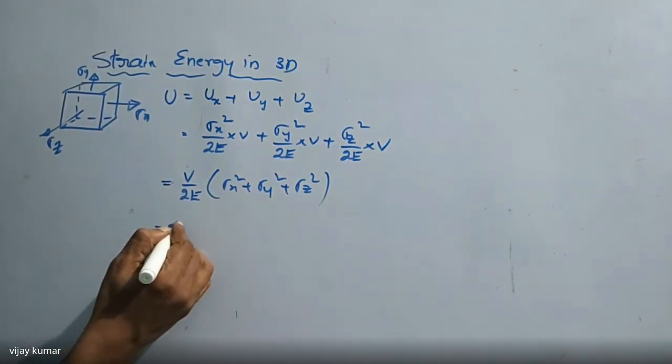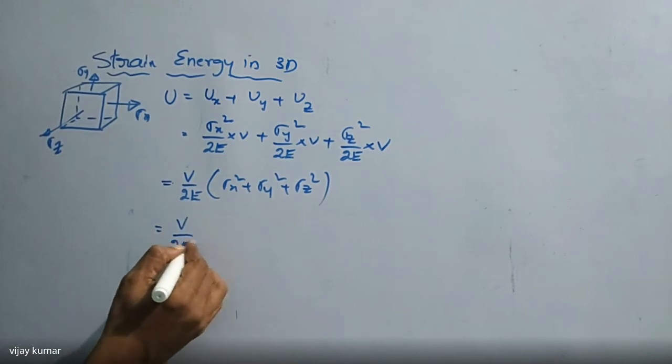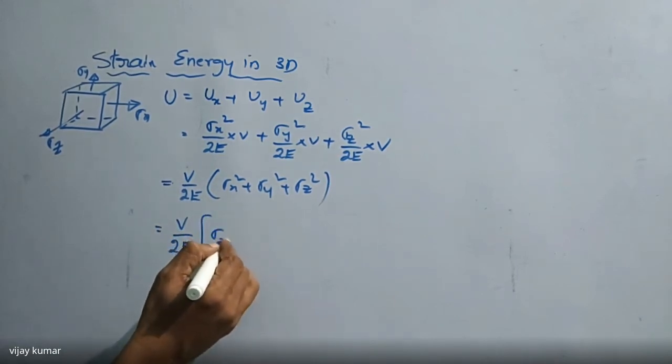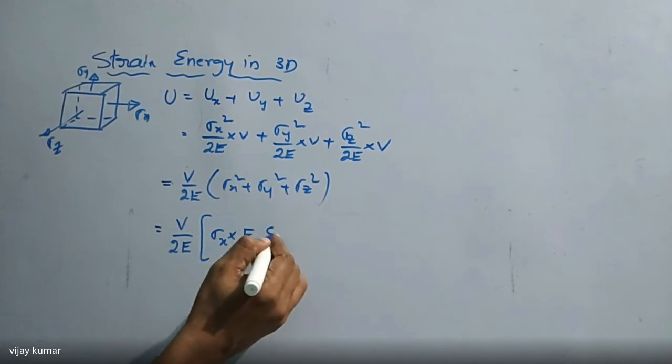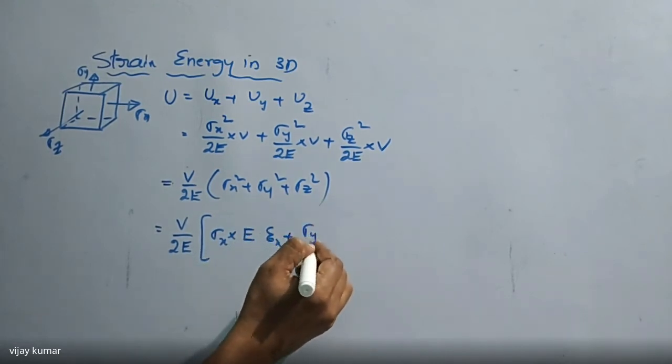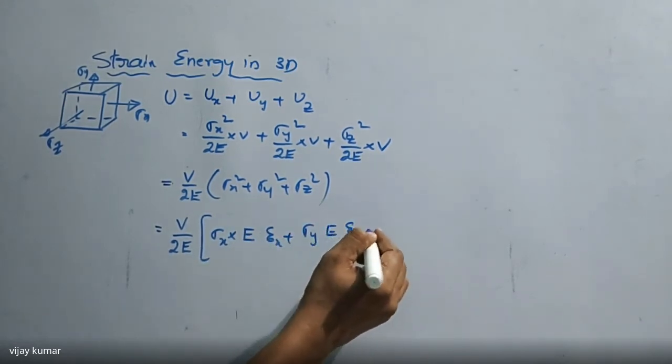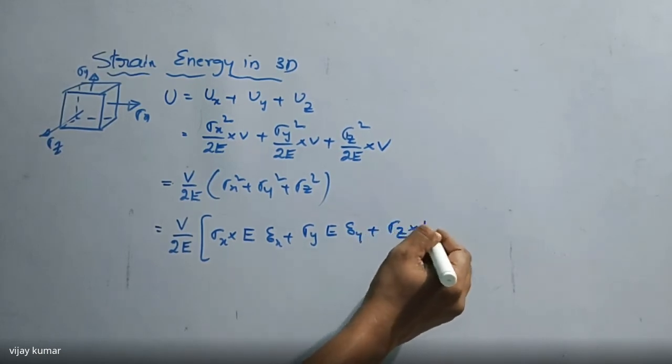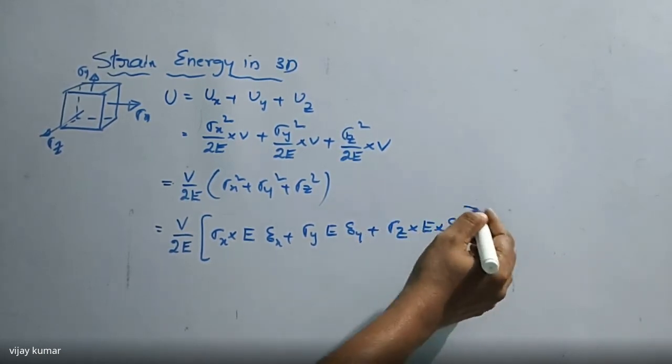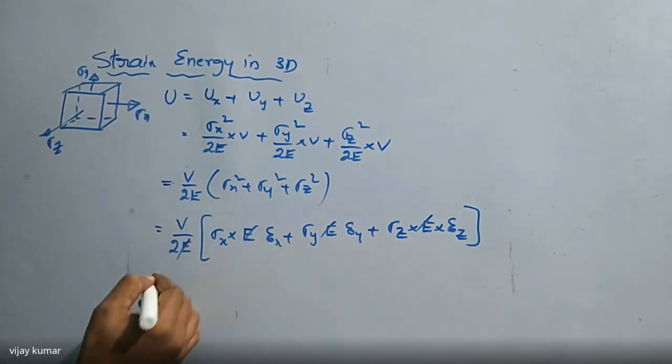Now here I am writing V divided by 2 times E into sigma x into E into epsilon x plus sigma y into E into epsilon y plus sigma z into E into epsilon z. So the E in the numerator and the denominator is cancelled.